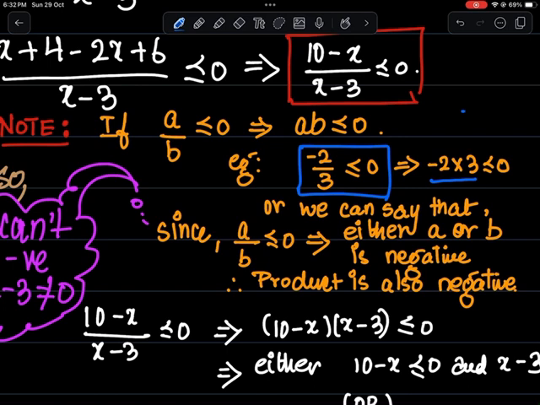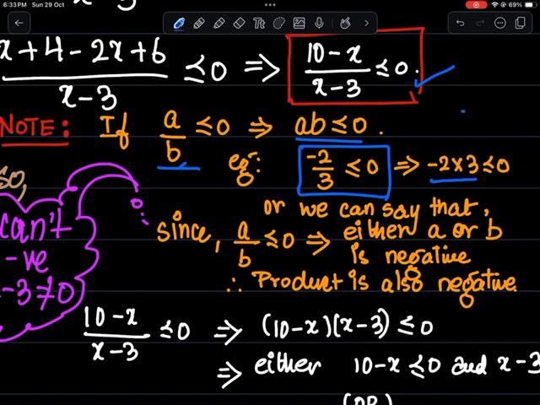So this inequality can be rewritten in a different way as well. What we can say is that one of the numerator or denominator is negative and the other one is positive. One more thing that we should be very careful about is that the denominator can never be zero.